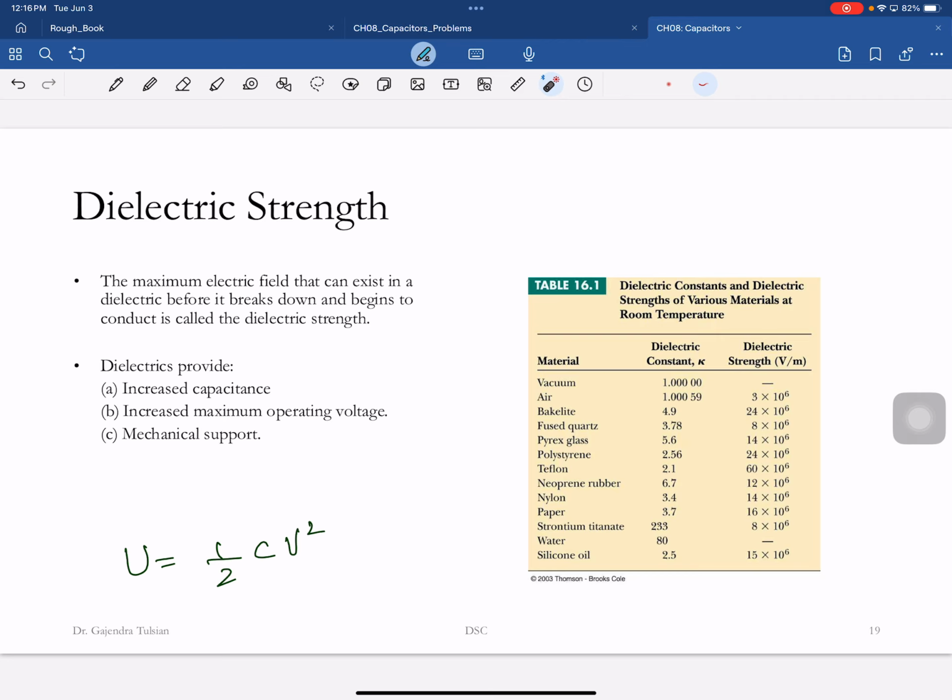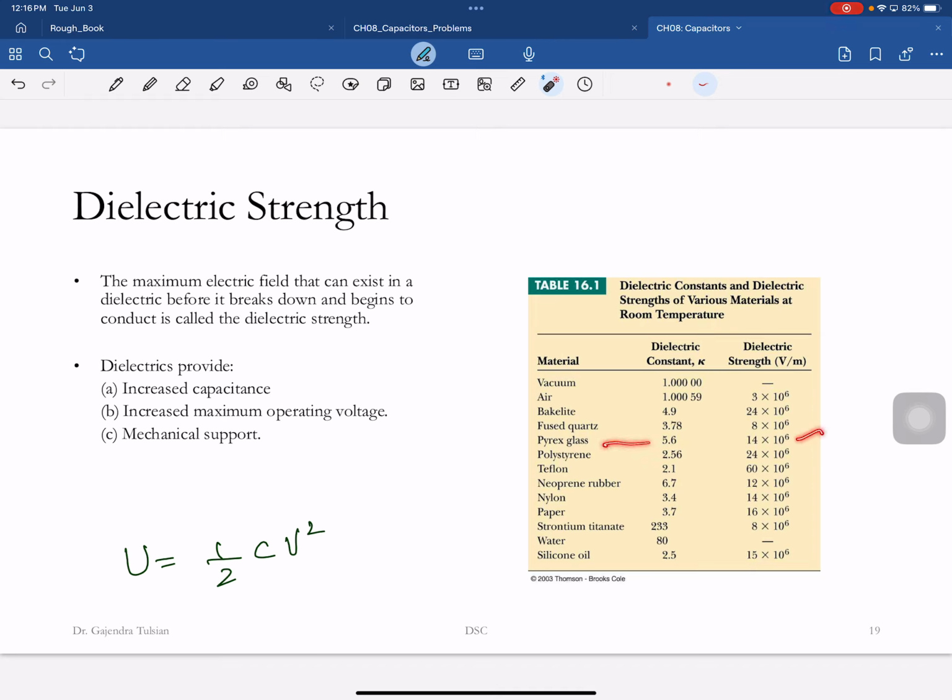It accelerates electrons so fast that it knocks electrons off. Very good. If there is any stray electron milling around in that electric field, it will get to speeds between collisions where it'll start knocking off other electrons. So that's the dielectric strength of air.